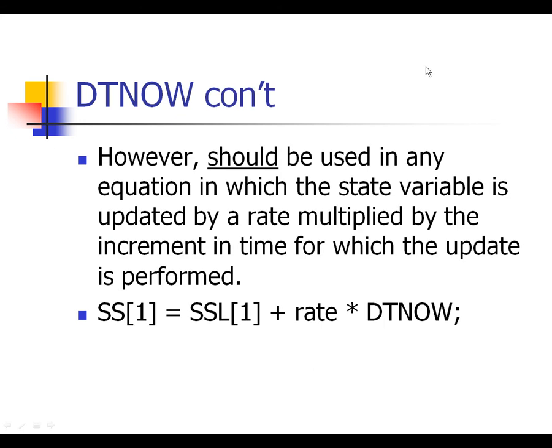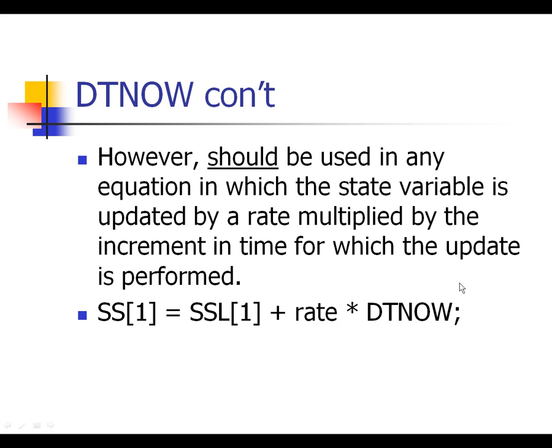But it should be used in an equation in which the state variable is updated by a rate multiplied by the increment in time. So here's another way to represent how state variables change. We can take the previous value and then look at the time increment that we're trying to update over, which is DTNOW, times the rate.